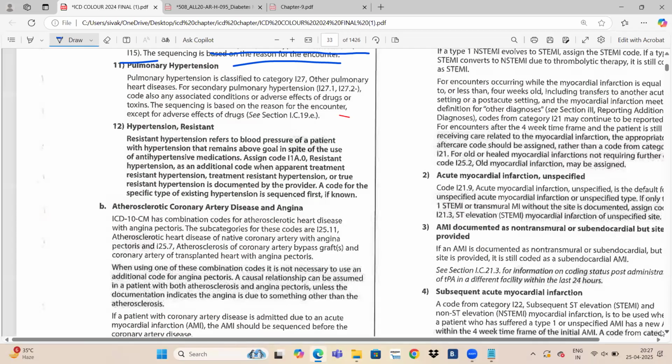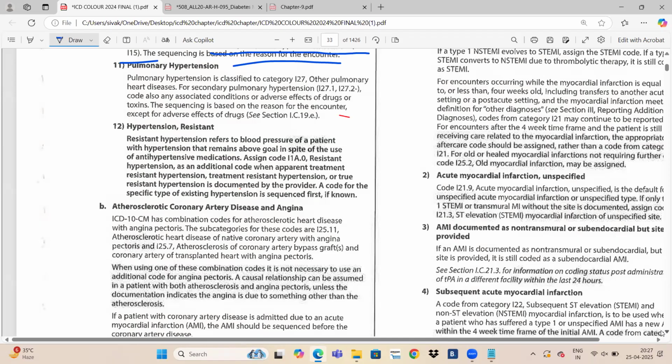We can assume. Clear? If hypertension is documented in the assessment and CHF is documented in history, can you assume the linkage or not? Yes, we can assume. Remember, hypertension, CKD, CHF, heart disease, we can assume linkage, no need to mention it, unless they state that the condition is due to some other condition.